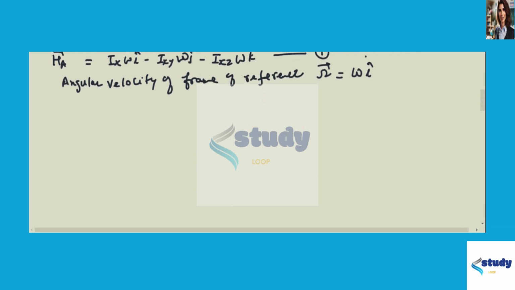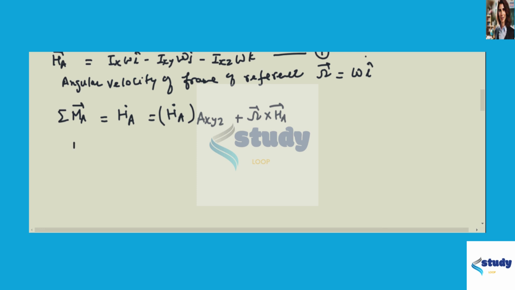So moment of couple about A is the rate of change of angular momentum of A, which could be written as plus omega cross HA.